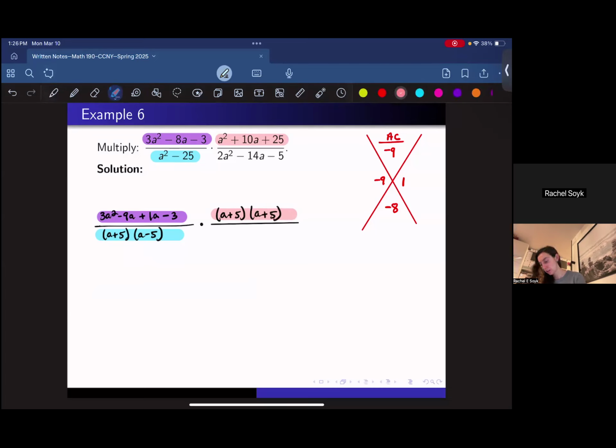Let's look at that denominator. Another AC method we can put off to the side. 2 times -5 is -10. B value is -14. What are factor pairs of -10 that add to -14?